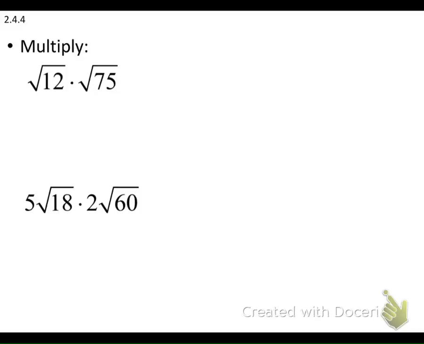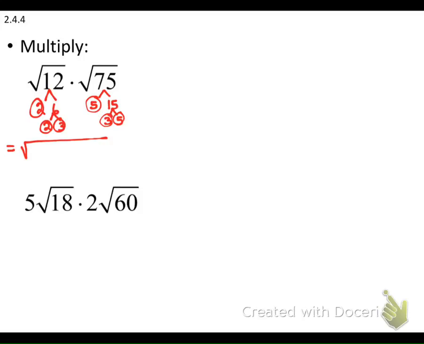So what are my factors for 12, Nick? Keep going. And then for 75? Now the second part of step 2 says I need to make 1 square root sign for both radicands.